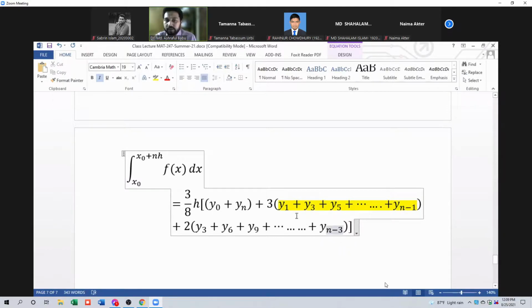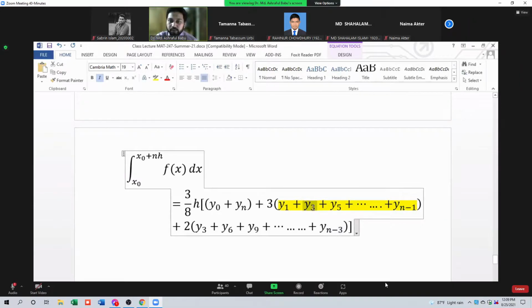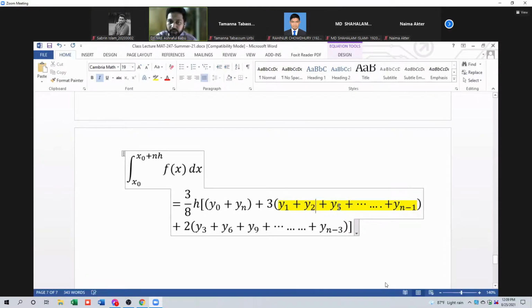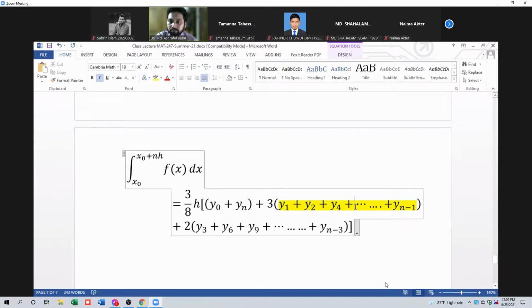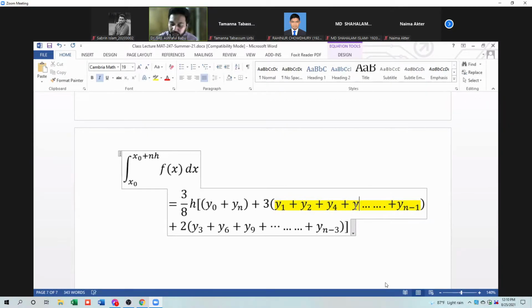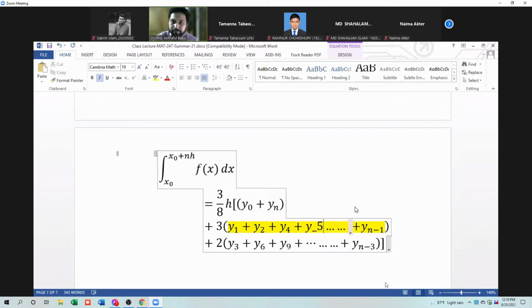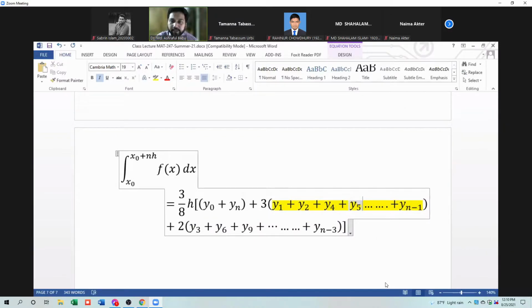Okay, and then 3 into y1 plus y2, then y4, and you can write y5, and then the general term will be n minus 4.